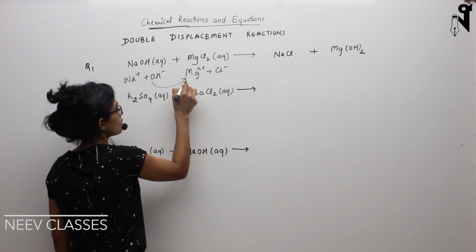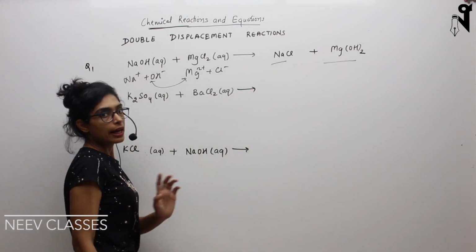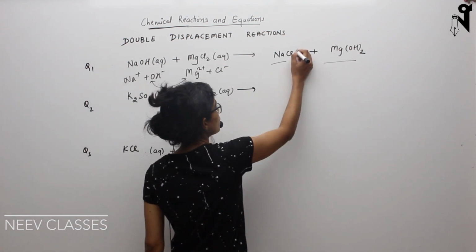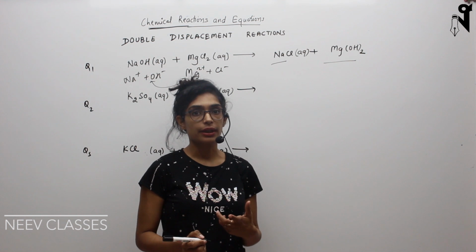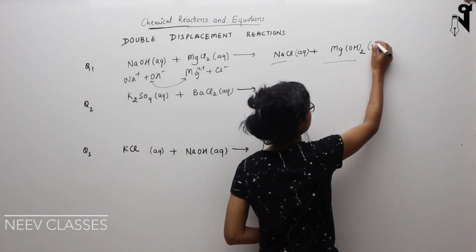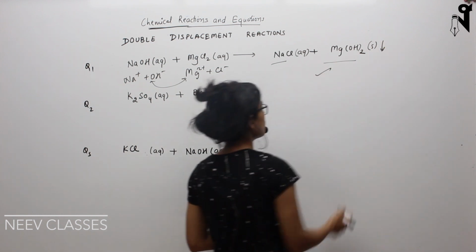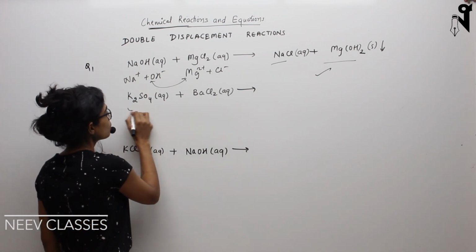So if ion exchange is happening, this will form Mg(OH)2 and this will form NaCl. NaCl, we already know this is soluble, so this will be in aqueous state. Mg(OH)2, magnesium hydroxide, is not a soluble substance and hence will form precipitate. So this reaction is quite possible. This is a double displacement reaction. This can happen.